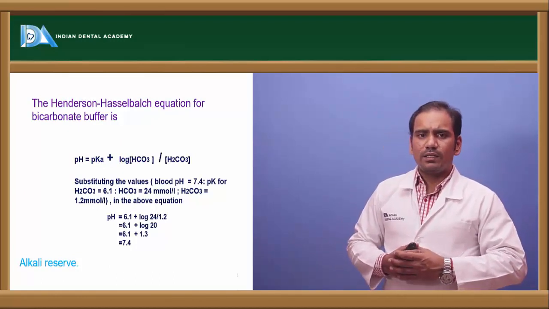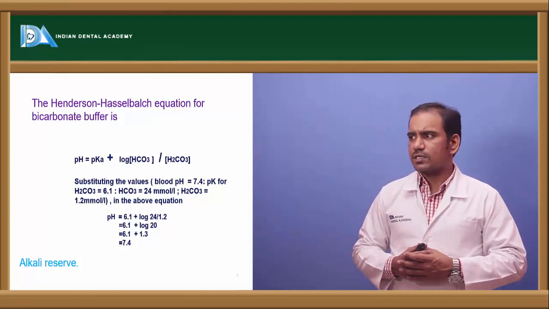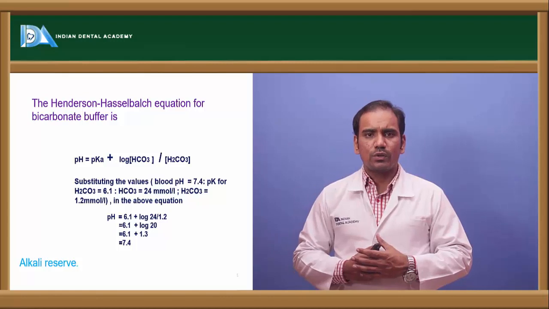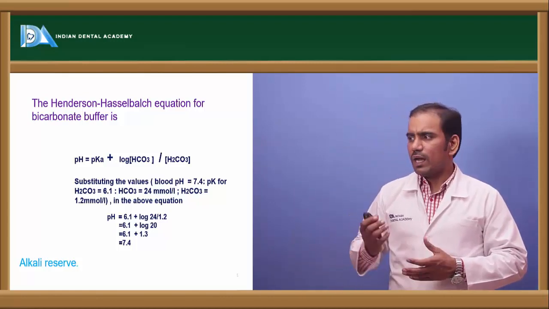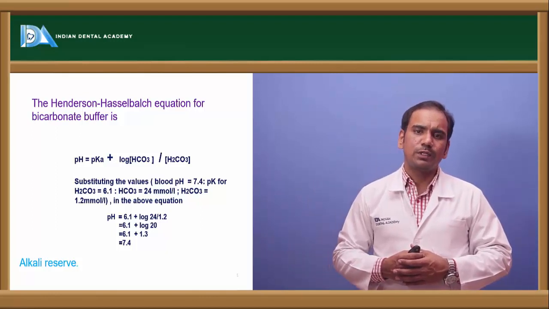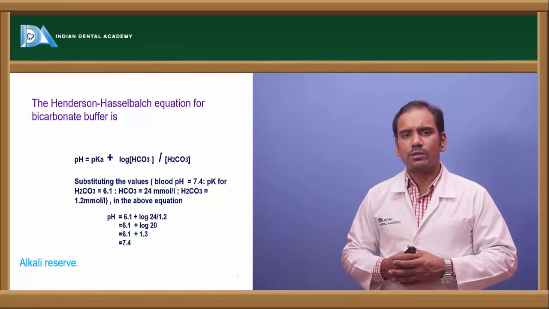When you apply the Henderson-Hasselbalch equation to this bicarbonate buffer system, we get 7.4. The pK value is 6.1, the concentration of bicarbonate is 24 millimoles per liter, and that of carbonic acid is 1.2 millimoles per liter.